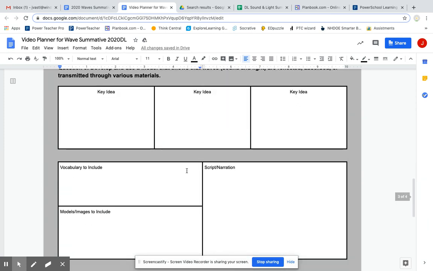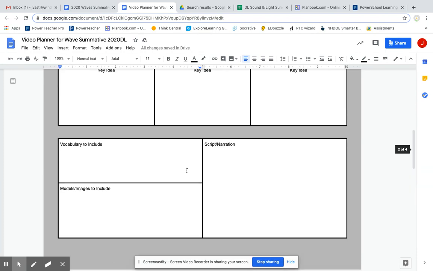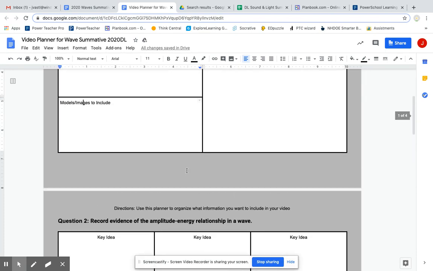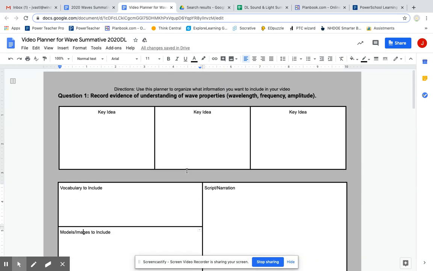Monday, you'll fill in this document for question 3. And then Tuesday, you are going to create your video on Flipgrid and submit it on Flipgrid, okay? So that way each day has its own focus, and you're not worried about question 1 and question 2 and question 3 all together at once.